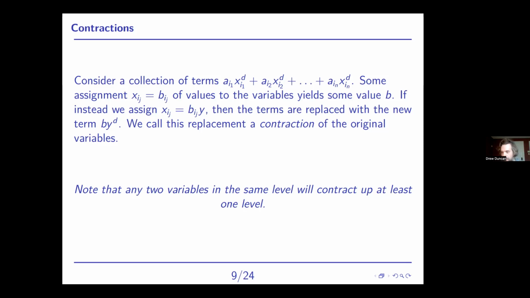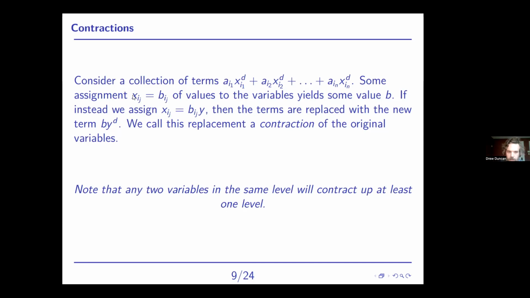So if we make some substitution for the variables, we can represent some value, and we can take that representation and turn it into a coefficient on a brand new variable by simply making the assignment where we take the original assignment and multiply each of those values by this variable.